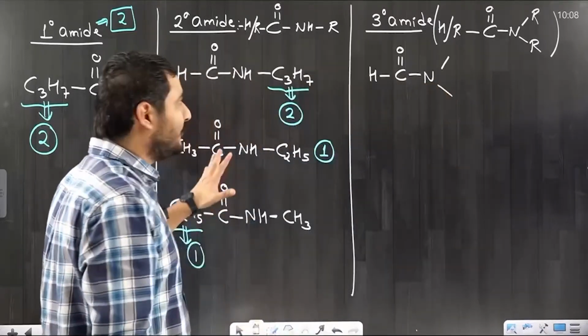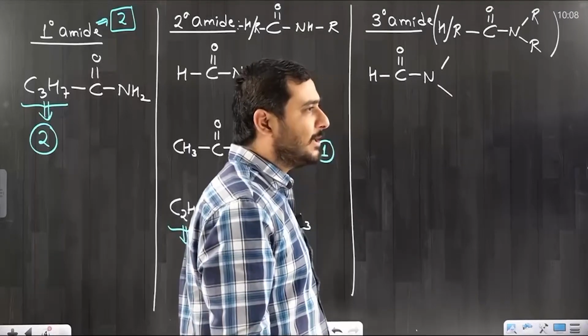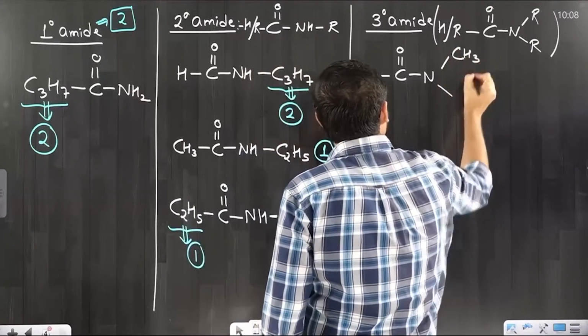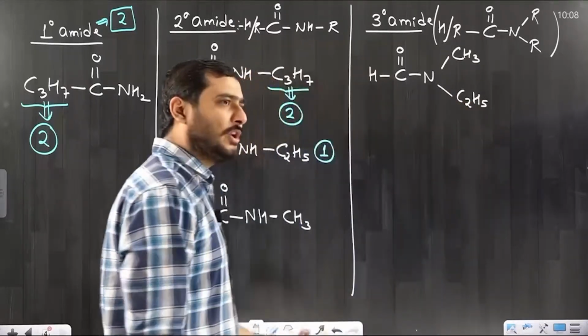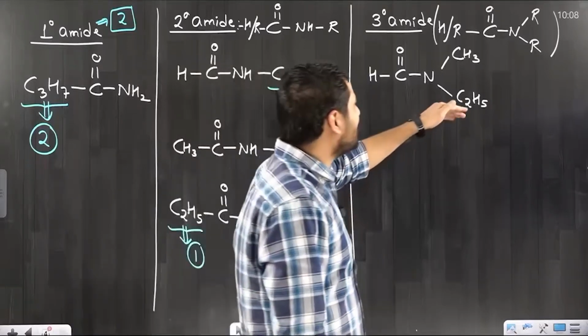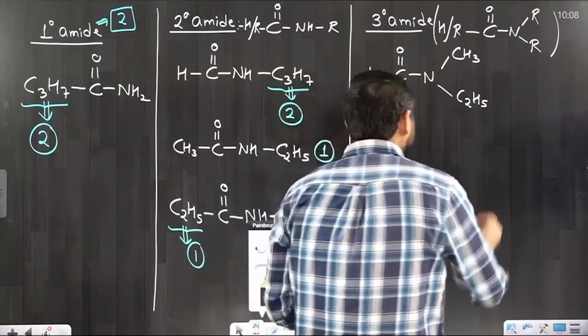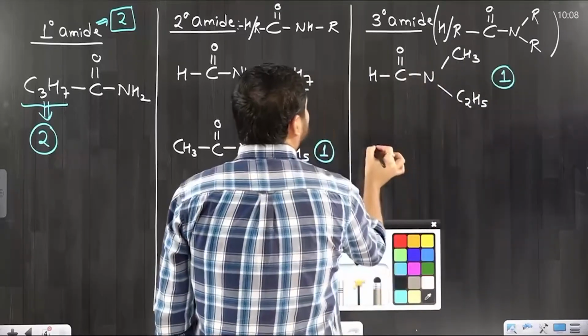Now if you check, total 4 carbon atoms are present. 1 we have already written. So how many are present? Only 3 carbon left. So for 3 carbon atoms, one is CH3 and one is C2H5. Only this case is possible, because if you change here C2H5 and CH3, that will be identical. So how many possible structures? Only 1.